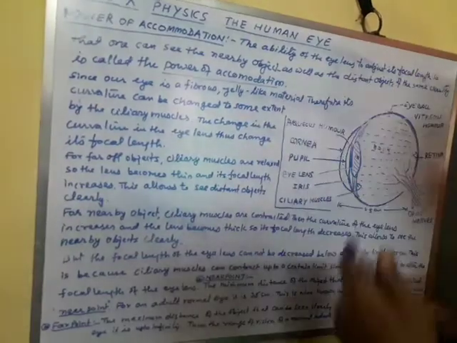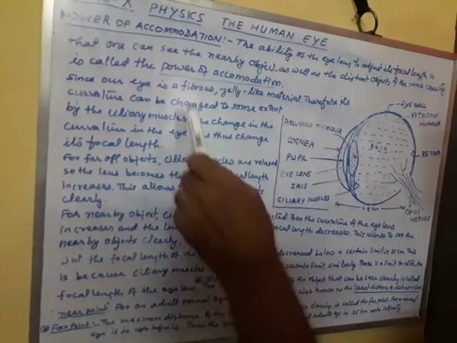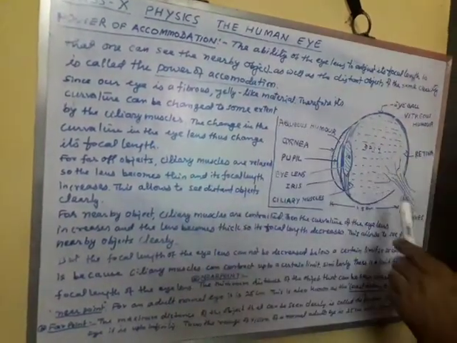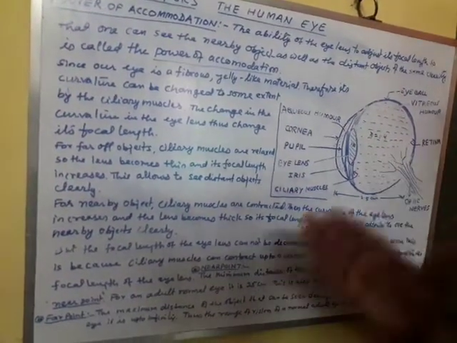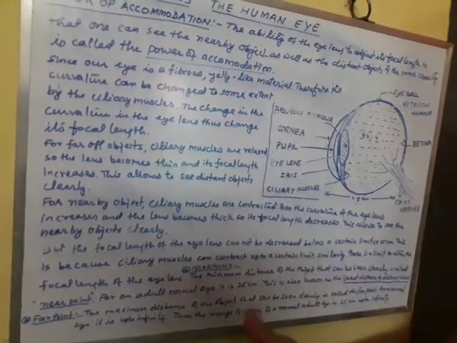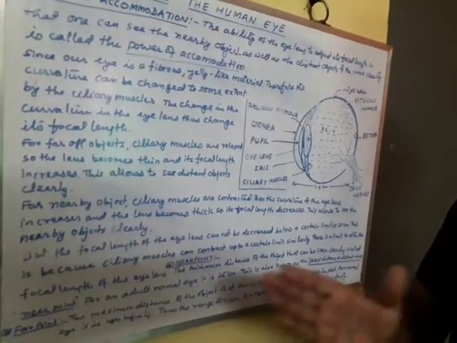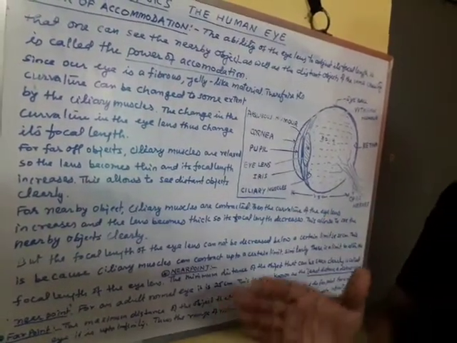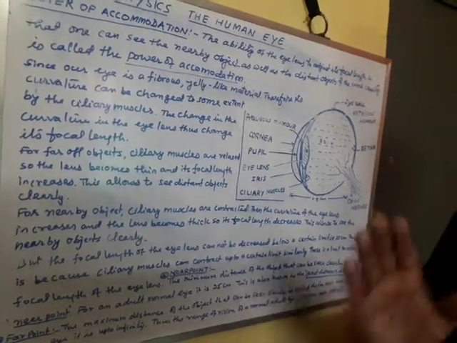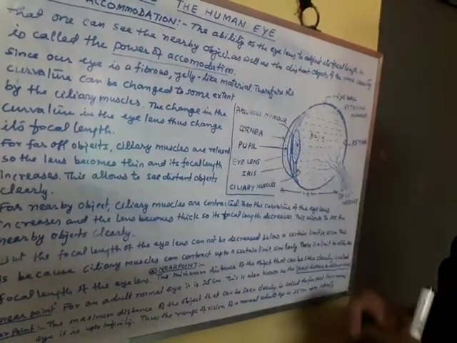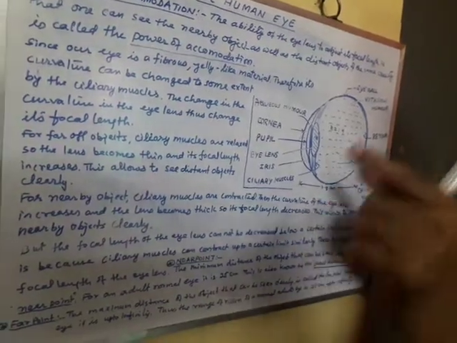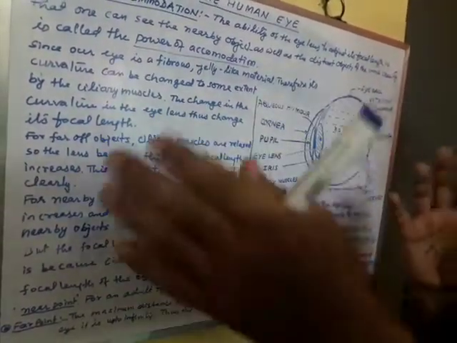Power of accommodation. Since our eye lens is a fibrous, jelly-like material, its curvature can be changed to some extent, but there is a limit. The ciliary muscles change the curvature of the eye lens and thus change its focal length. When we see a far object, how does the focal length change?